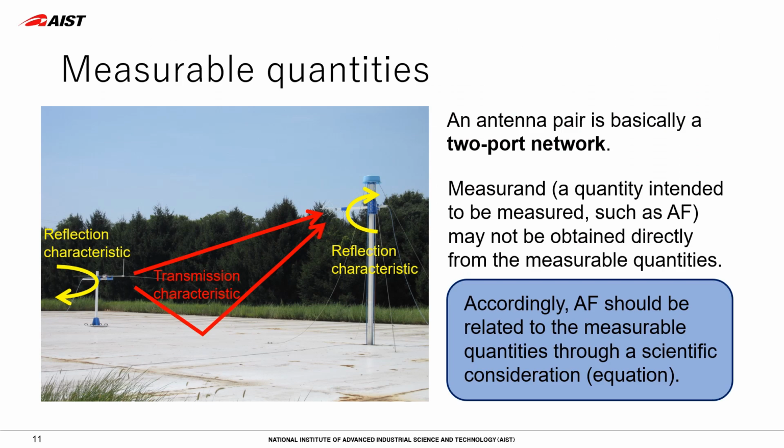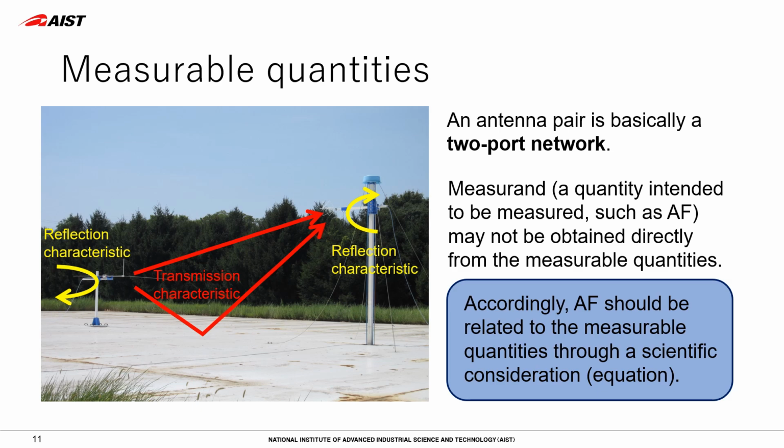To obtain an antenna parameter, such as antenna factor or gain, we must measure something that can be related to the target quantity. Antenna measurements are ordinarily carried out by locating a transmitting and receiving antenna at the measurement site. By assuming each antenna has a single port, an antenna pair is basically a two-port network. A vector network analyzer is a suitable choice for such a network measurement.